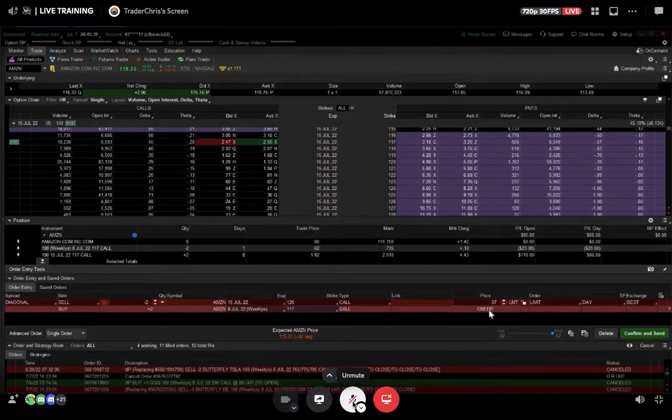And then tomorrow, this is the part where I sometimes struggle with the overnights. That 117 is going to get closer to zero, so we might end up having to pay a little bit. But if we did it today, or do it first thing in the morning before all the theta comes out, we'll get a credit for it.